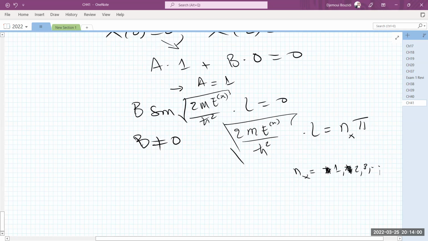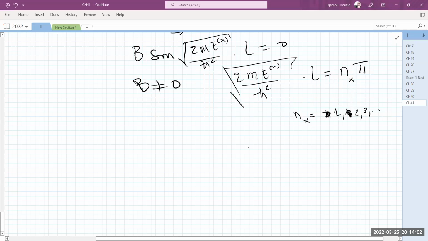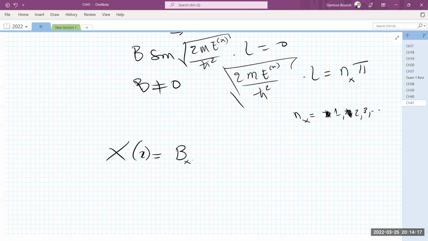At the end of the day, the solution then, X of x, looks like this. X of x is some constant, which I'm going to call b sub x also, because remember, we might have another component from the y direction, another one from the z direction, and so on and so forth.